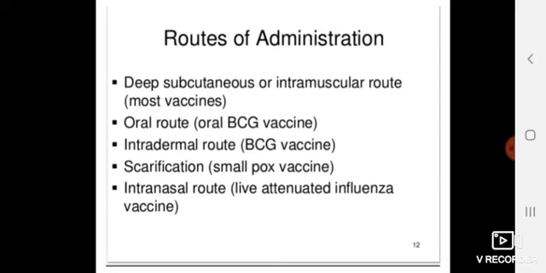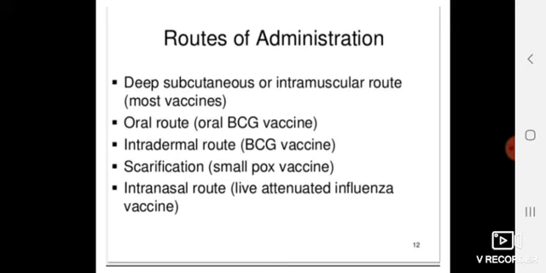At 6, 10, 14 weeks pentavalent plus IPV, inactivated polio vaccine, at the 6th and 14th week, and rotavirus at 6, 10, 14 weeks, and after that 18 weeks MR. Then 1.5 years MMR, then 5th year DT, 10th year TT, and 15th year TT.